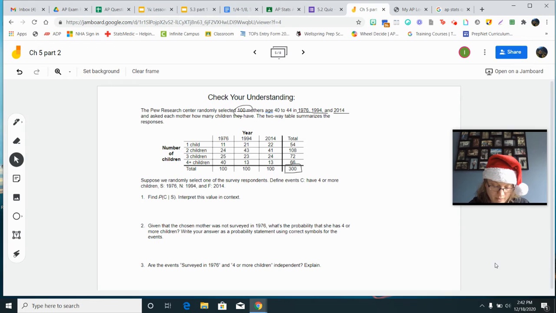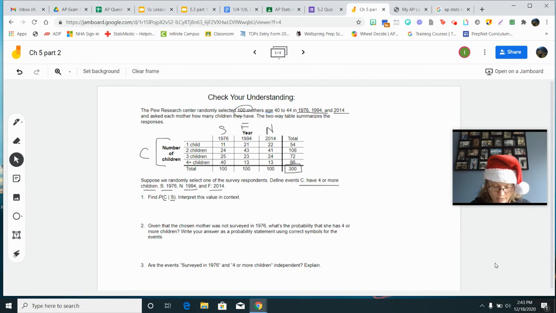Suppose we randomly select one of the survey respondents and define event C as having 4 or more children. So this is event C, and we have S, N, and F as the various years. So I'm just going to put S, F, and N. Find the probability of C given S.